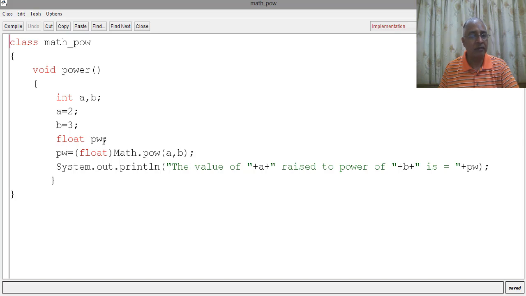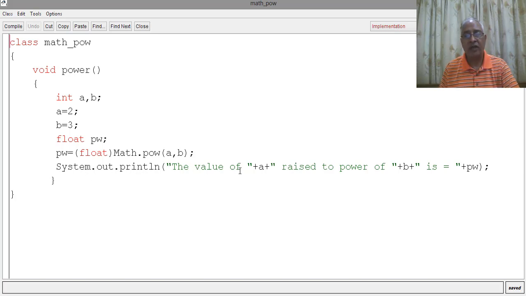Pow is the variable taken for finding the power of the number. And since the value is to be evaluated in the form of float, we have again explicit type conversion over here. In brackets we have written float so that the value evaluated gets converted to float and stored in pow. A and B are two arguments where A is the number and B is the power.